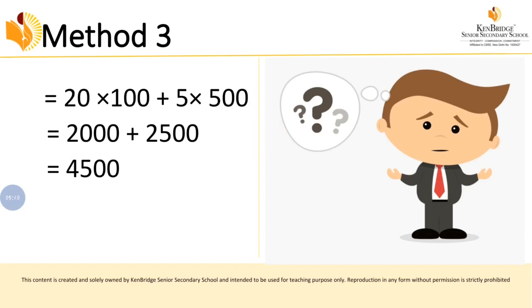To avoid this confusion, we need to know about the usage of brackets. Brackets will do the magic to calculation. While calculating bigger values or more number of values, brackets will help you a lot. So let's see how the brackets are helpful.